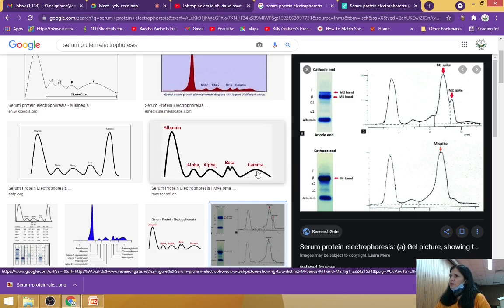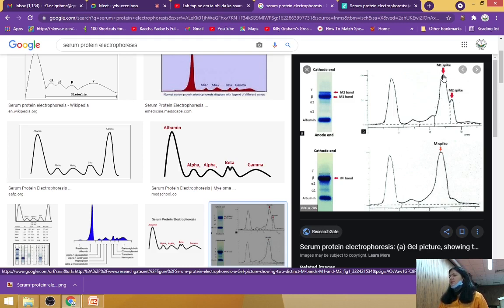Sometimes in the gamma band, you may see a sharp band here. This whole thing is gamma. So you can see a sharp band in the gamma region. That band is known as M band or multiple myeloma band. It usually occupies the gamma region, but sometimes it may be present in other regions also.